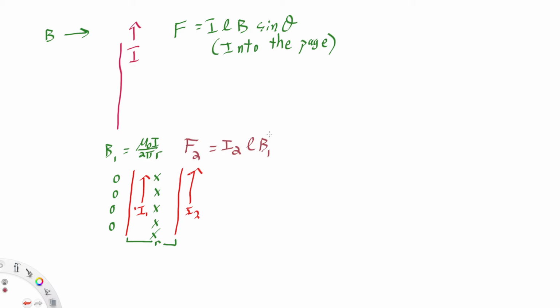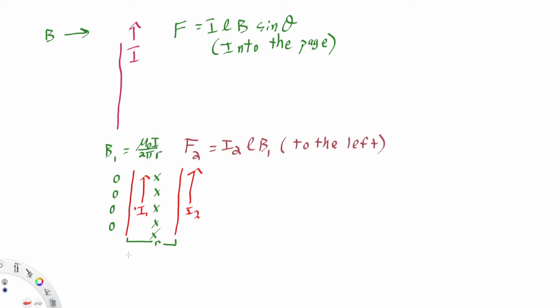Well, so current's going up, so point your thumb in the direction of the current. The B field is going into the page, so your palm will be in the direction of the force. So that force is actually going to the left.